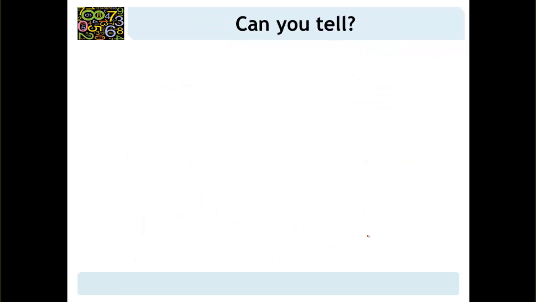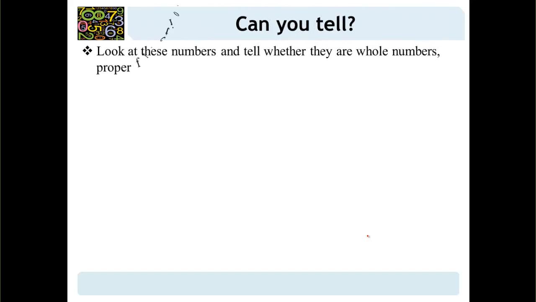Now, let's do some examples. Look at these numbers and tell whether they are whole numbers, proper fractions, improper fractions, rational numbers, integers, mixed numbers, terminating decimals, repeating decimals, or non-repeating decimals, or a combination of these.